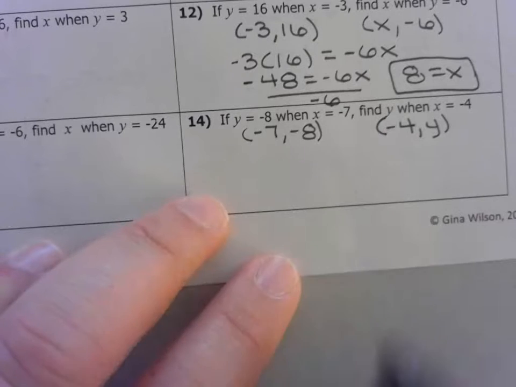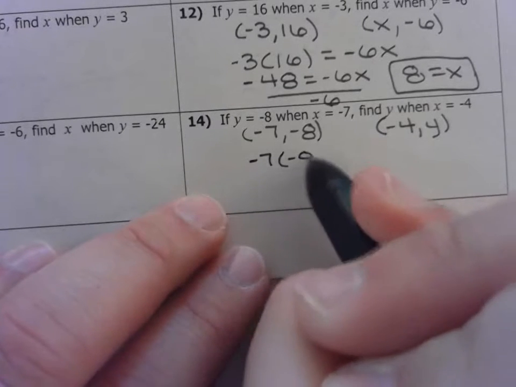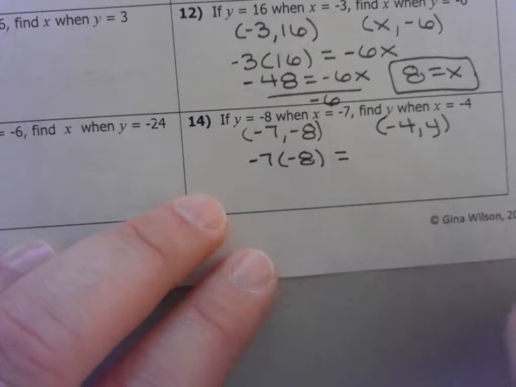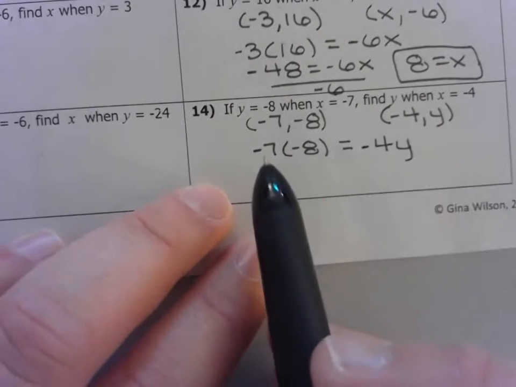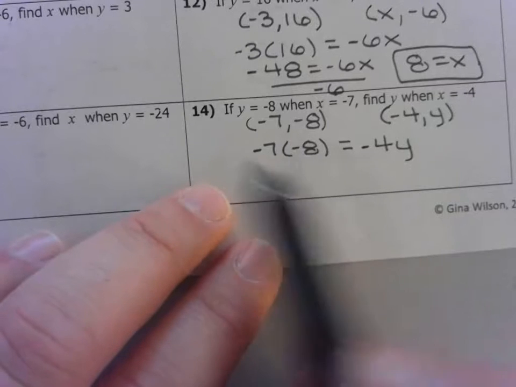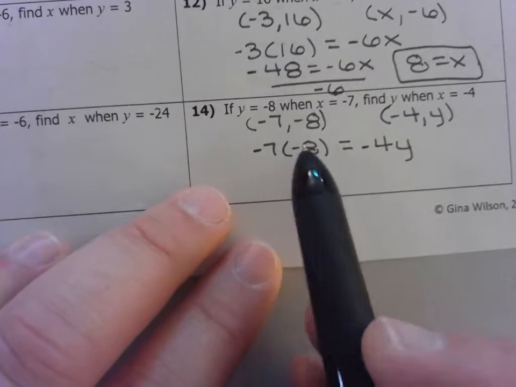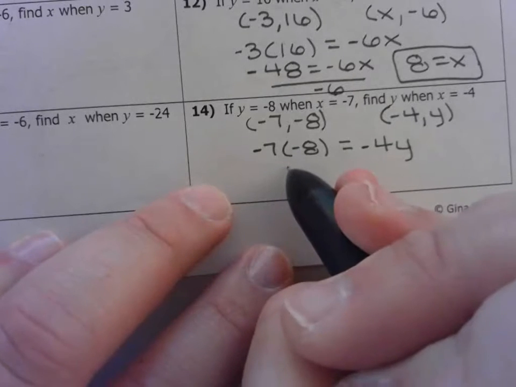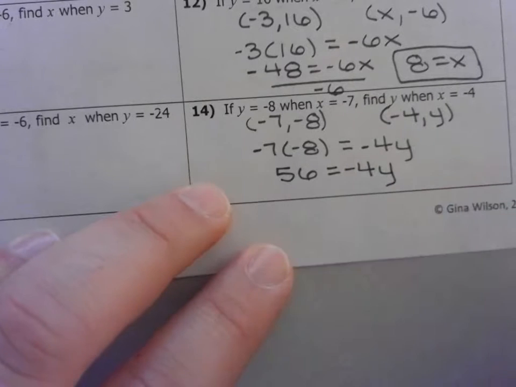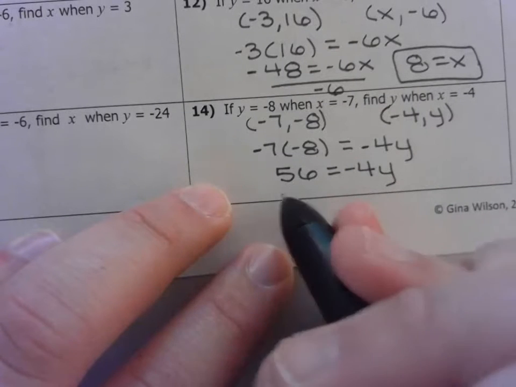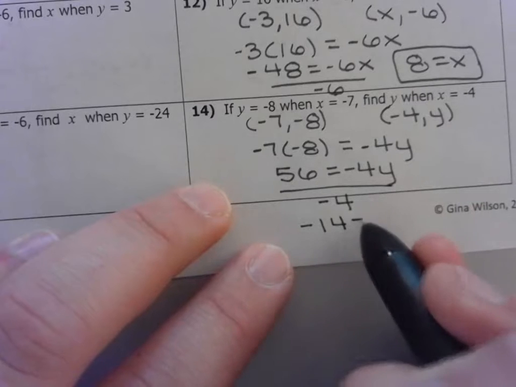Then you use the constant of variation, x times y: negative 7 times negative 8 equals negative 4y. You can do negative 7 times negative 8 in your head. You don't have to put that step, but I am in your notes. Negative 7 times negative 8 is 56, equals negative 4y, divided by negative 4, negative 14 equals y. Good.